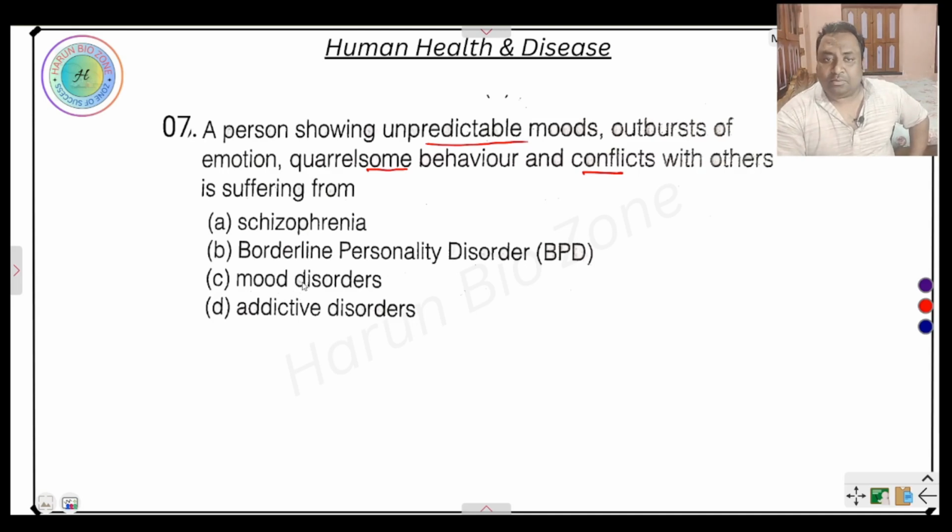Here the correct option is borderline personality disorder, because that person has an unstable personality. They quarrel with someone anytime. Their mood is unpredictable, good mood or bad mood, and they always try to conflict with others.